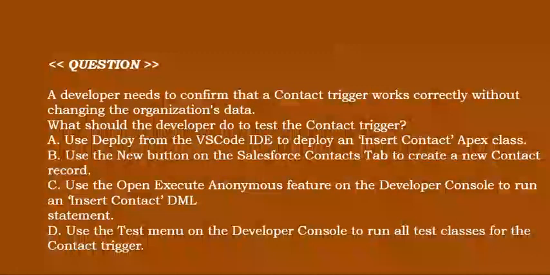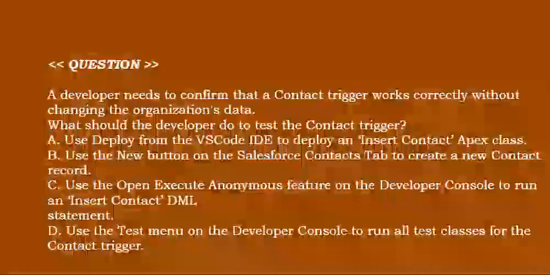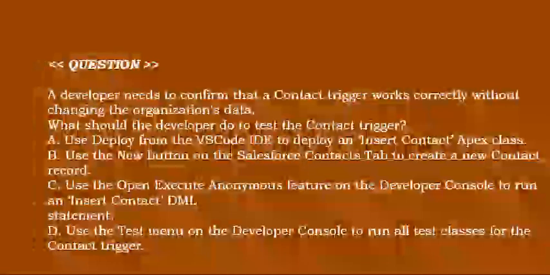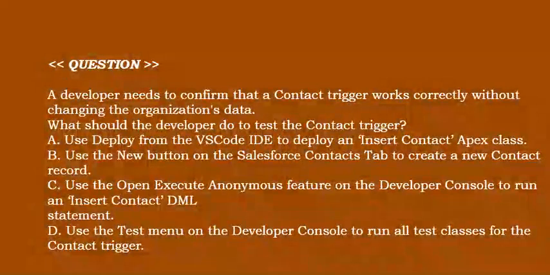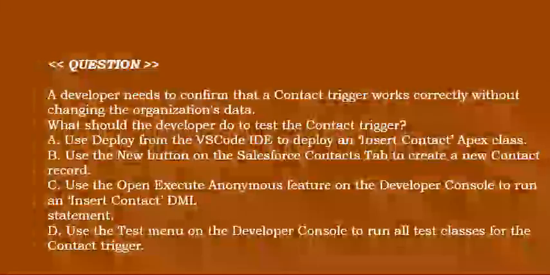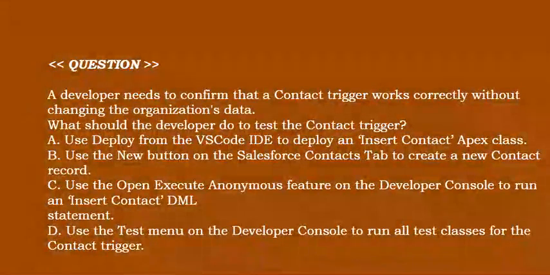Next question is, a developer needs to confirm that a contact trigger works correctly without changing the organization's data. What should the developer do to test the contact trigger? Option A. Use deploy from the VS Code IDE to deploy and insert contact Apex class. Option B. Use the new button on the Salesforce Contacts tab to create a new contact record.